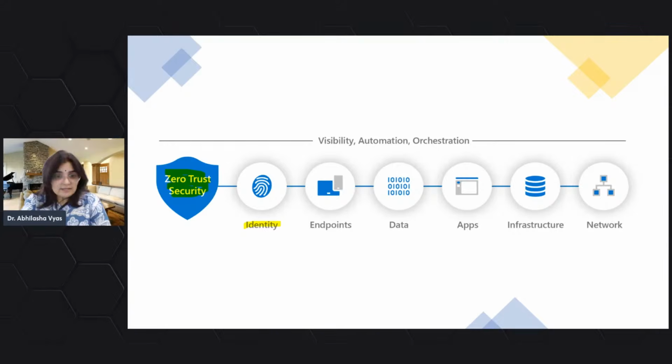Whenever an identity attempts to access a resource, we need to verify that identity with strong authentication. As I mentioned, if we have enabled MFA, that identity needs to come with MFA authentication only. We also need to ensure that access is compliant and typical for that identity. And definitely, we have to use least privilege policies for access.